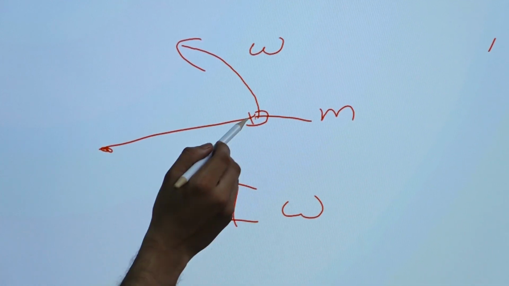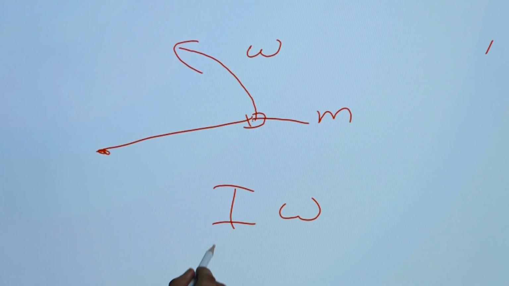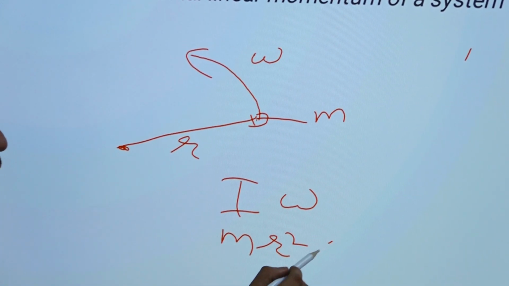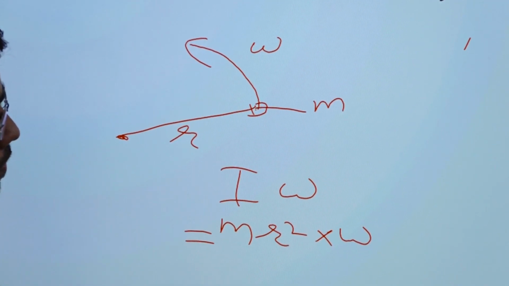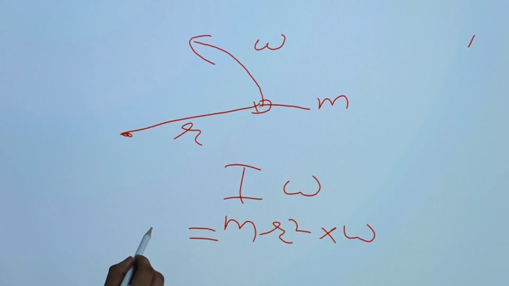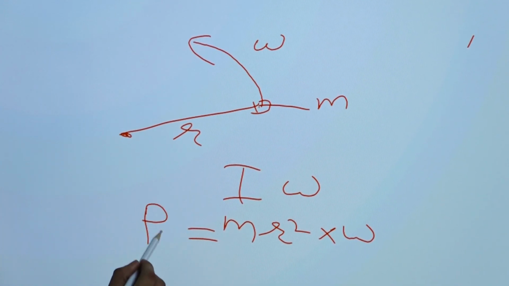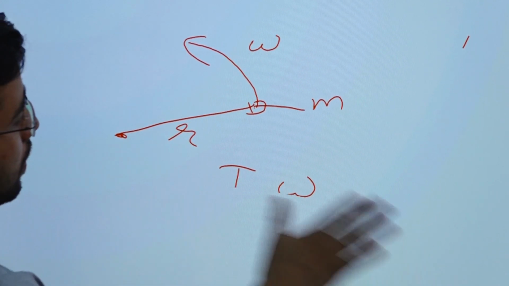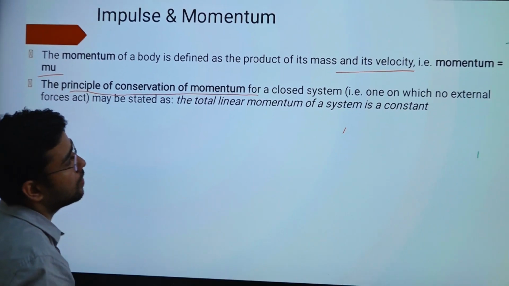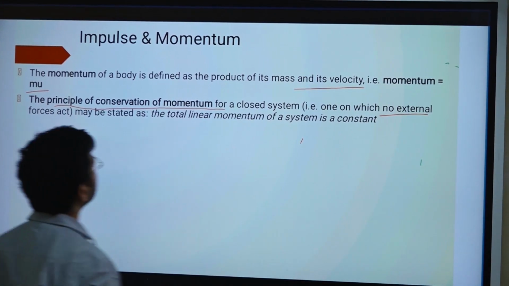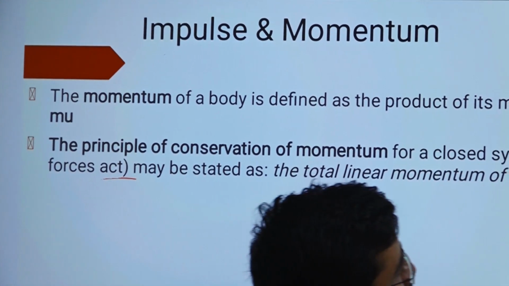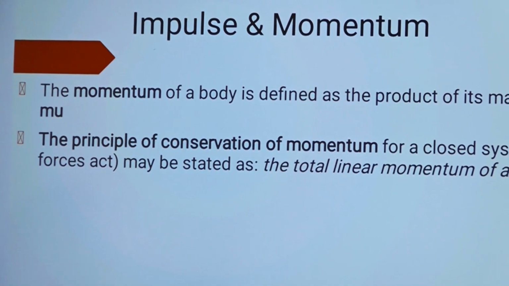In this case the mass is a point mass, so with radius r, I will be m r square, and angular momentum is m r square into omega. This will remain constant. That is the meaning of conservation of momentum. One thing we need to notice: we should not have any external force in between, right? Then only this principle of conservation of momentum will work.